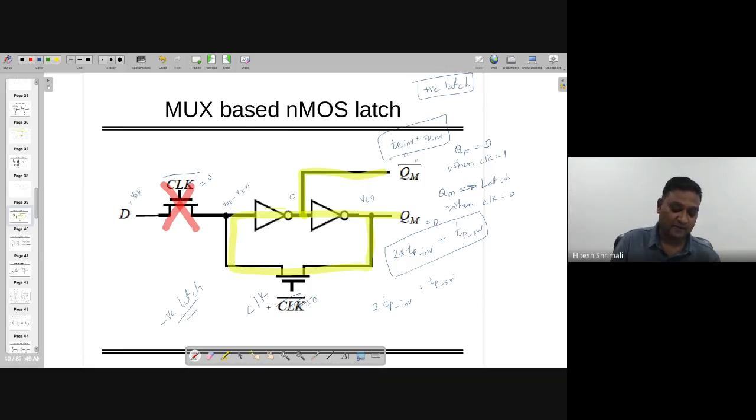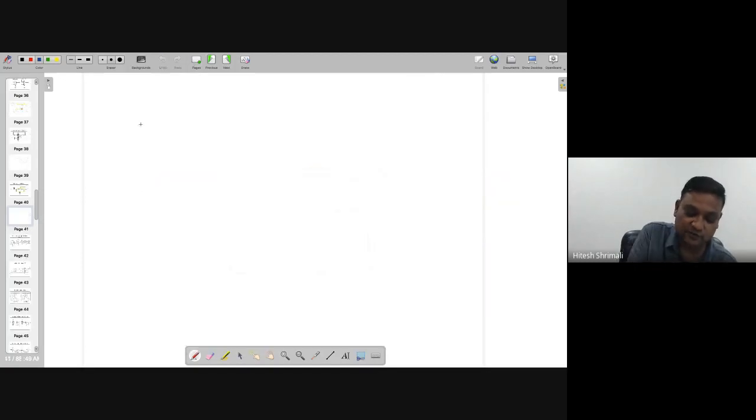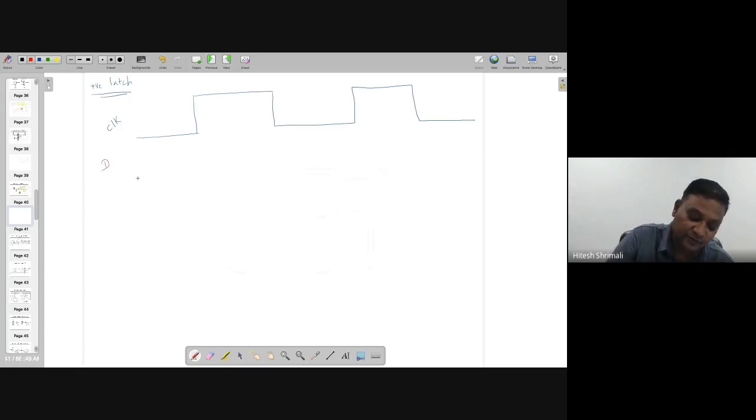But in these things, what is happening when, let's assume that I am talking about this is my clock. I am trying for the positive latch. Let's make this one as the top, note that this is the positive latch, and if D input, I'm drawing something.